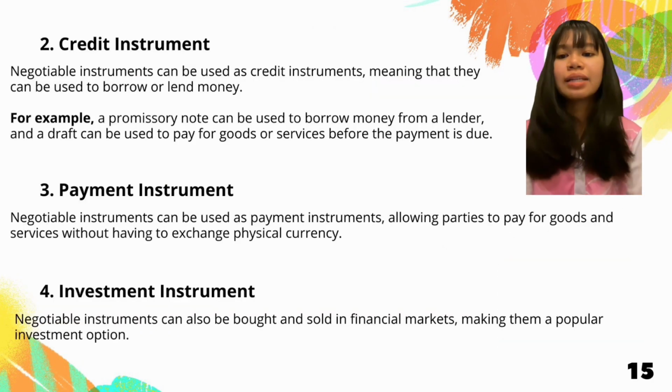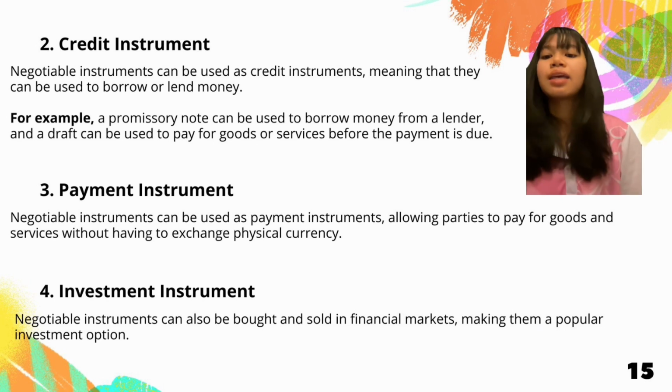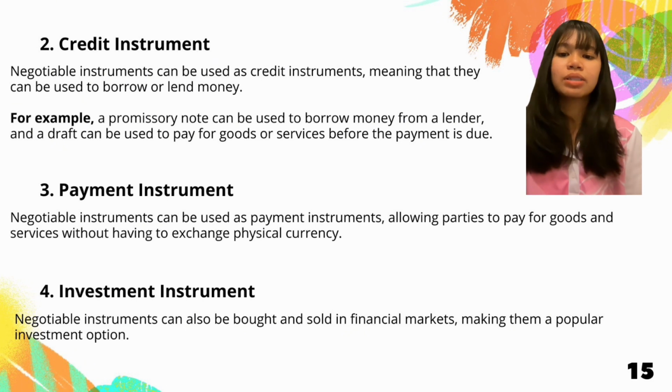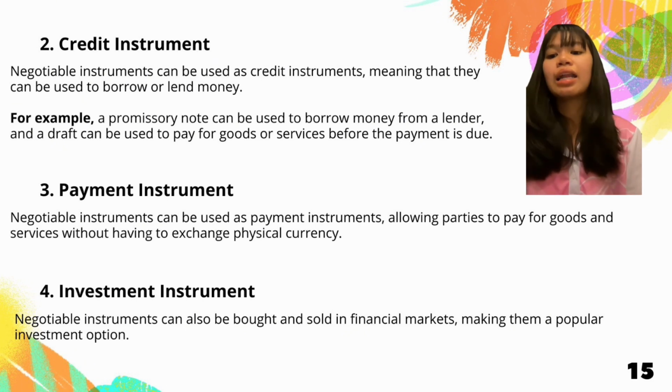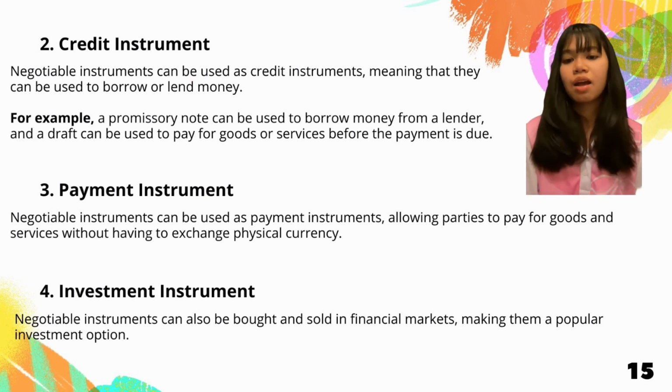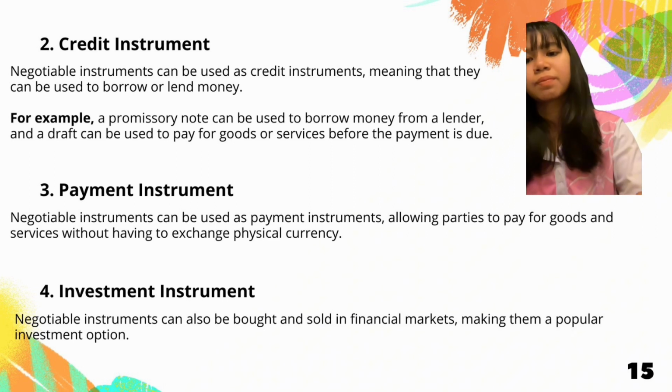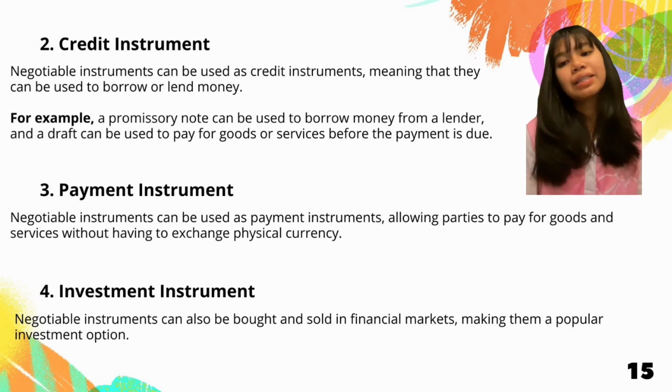2. Credit instrument. Negotiable instruments can be used as credit instruments, meaning that they can be used to borrow or lend money. For example, a promissory note can be used to borrow money for a return, and a lease can be used to pay for goods or services before the payment is due. 3. Payment instrument.